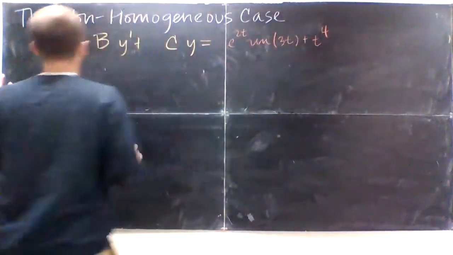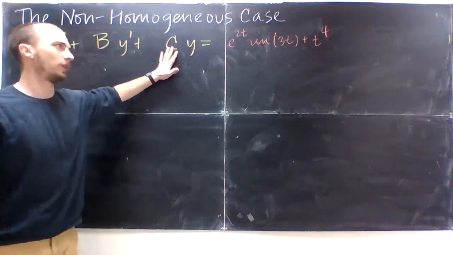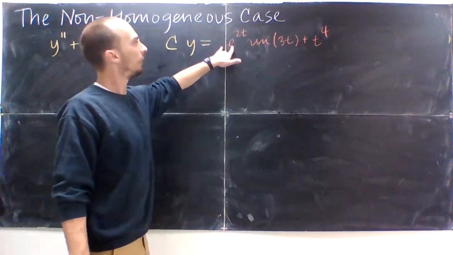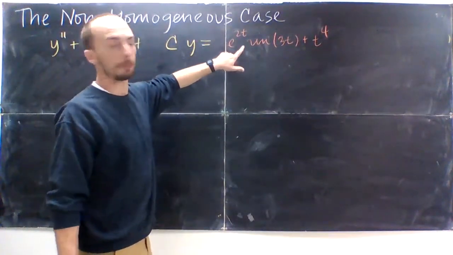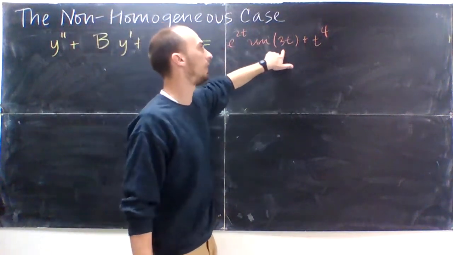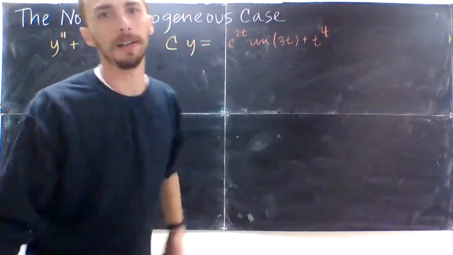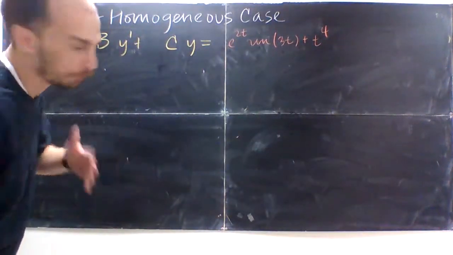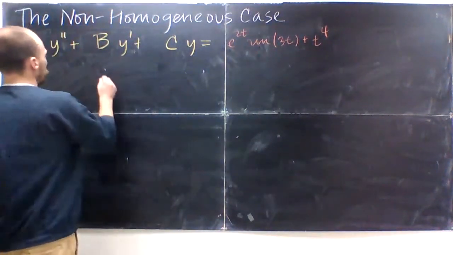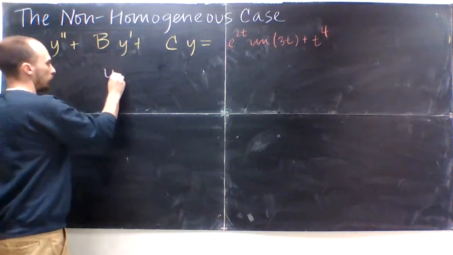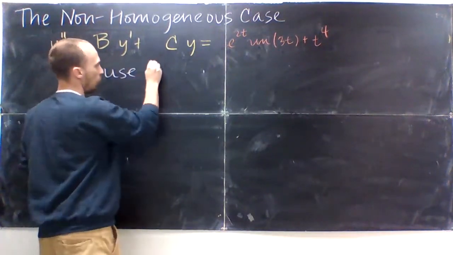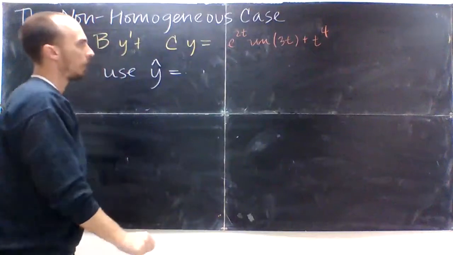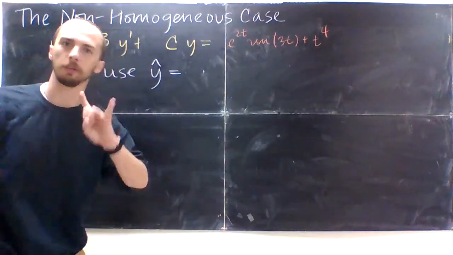So suppose I've got constant coefficients, and the non-homogeneous part is e to the 2t times sine of 3t times t to the 4, right? Just as bad as I could think of. I could probably think of worse, but I'm going to use y hat equal to, okay, the exponential is connected to the trig with multiplication.